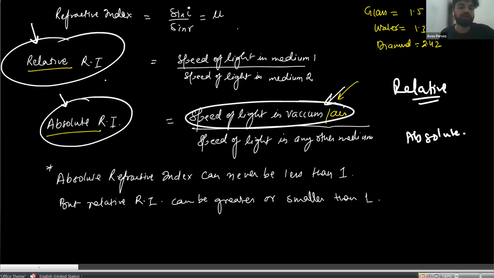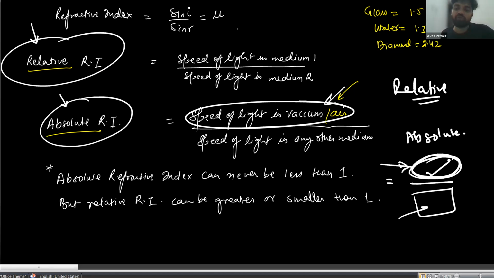Since the speed of light is maximum in vacuum, the numerator is the maximum, so whatever value comes in the denominator will be lesser than the numerator. Okay, understood?